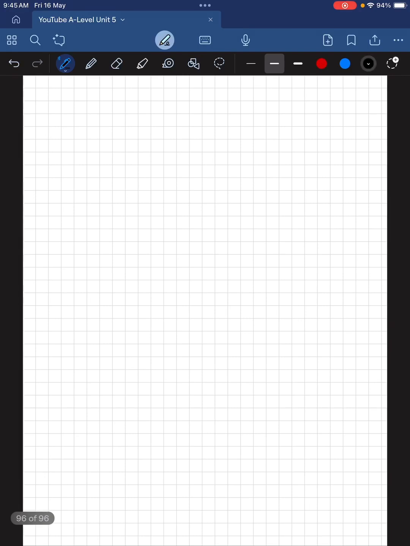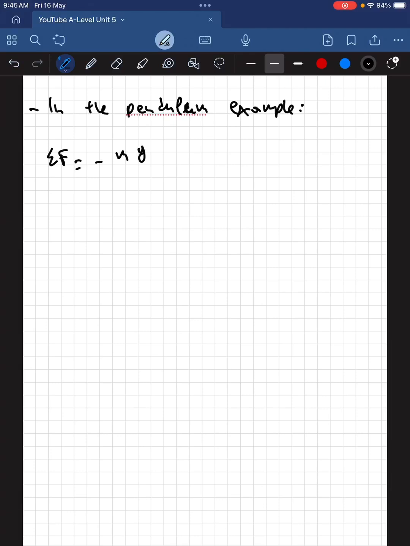And in the pendulum example, we have the sum of all forces is minus mg over L times x, but the sum of all forces, if we apply Newton's second law, is mass times acceleration, and mass times acceleration is minus mg over L times x, and we get this nice cancellation.